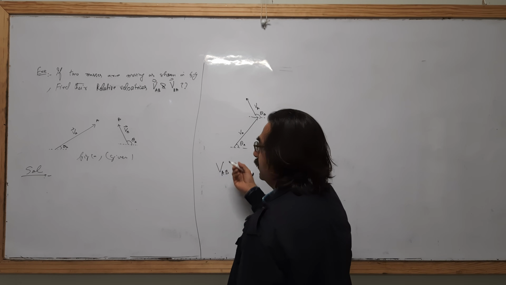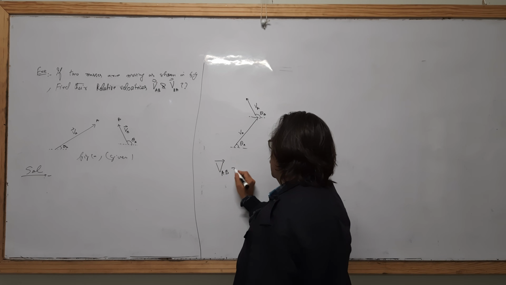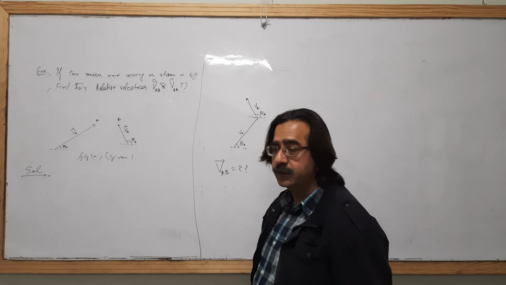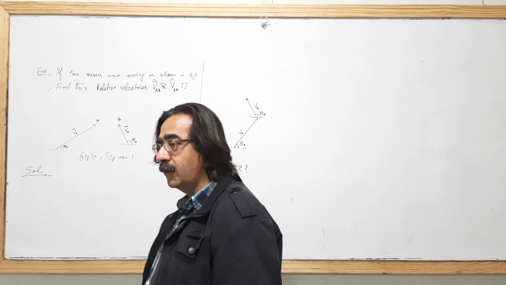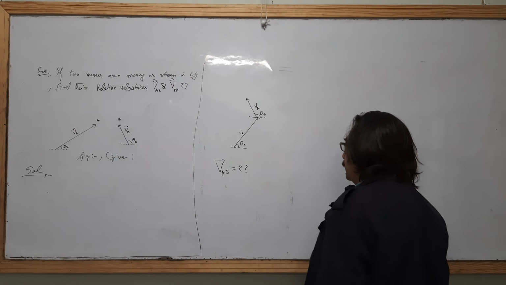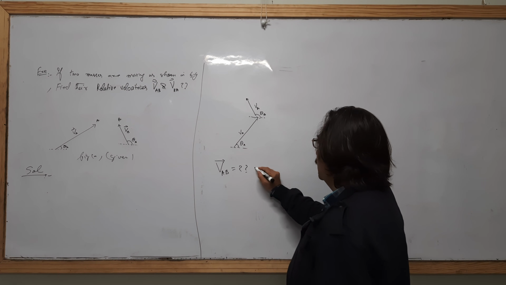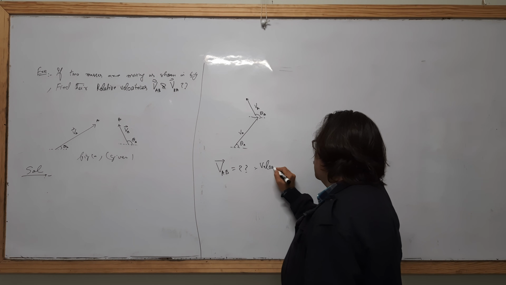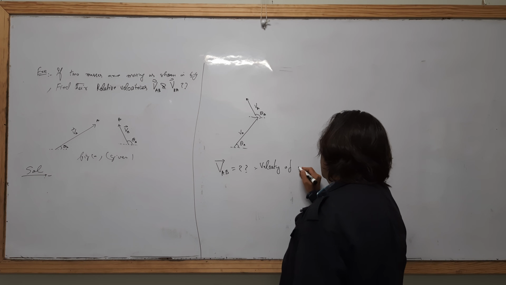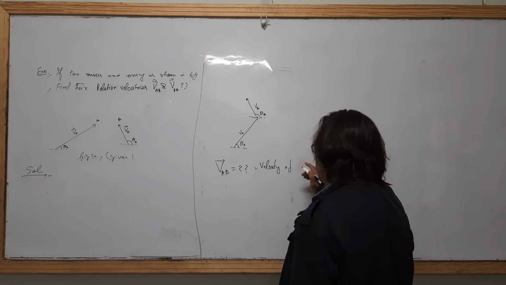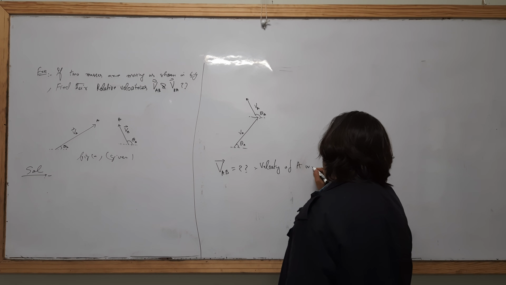Firstly, VAB. What is VAB? Velocity of mass A with respect to B, that is the velocity of A with respect to the observer B.